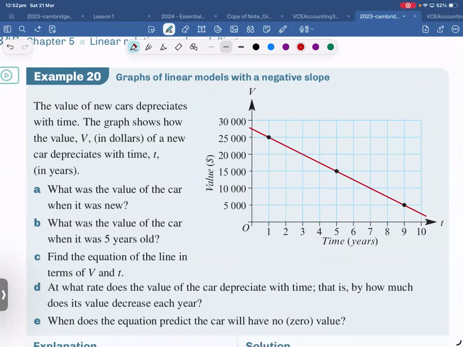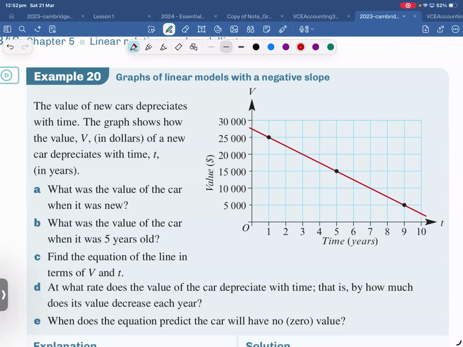The value of a new car depreciates with time. You know depreciation? Yes, the value is decreasing. The graph shows how the value of a car depreciates with time t in years. What was the value of the car when it was new?